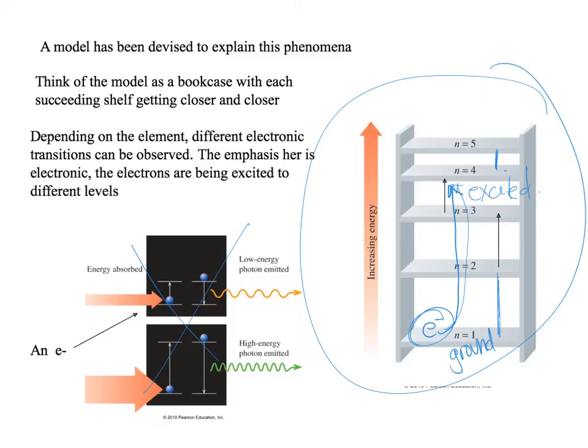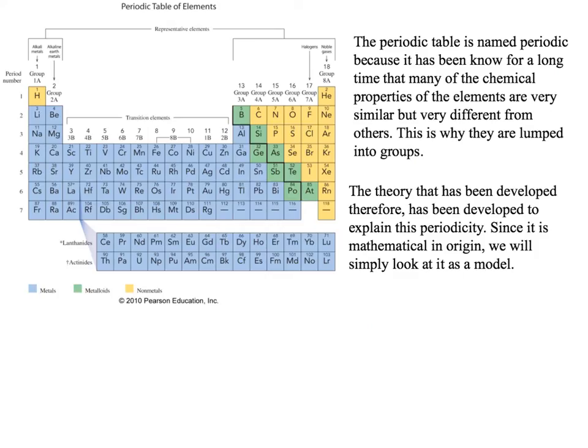Well, as it releases, it holds on to that energy as long as it can. As it releases the energy falling back down to the ground state, it releases what's known as a photon. And that photon is what's tied to and where we get our visible light, where we see the different colors.